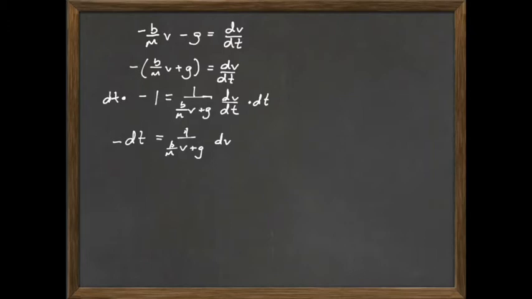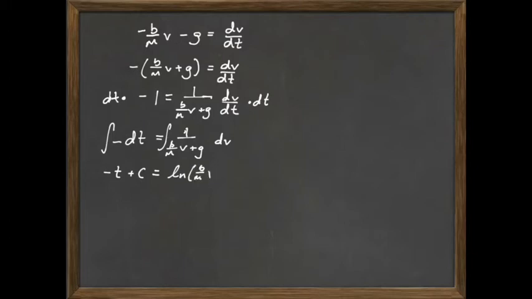So now we're going to take antiderivatives of both sides. On the left side, that should be easy. The antiderivative of negative dt is just negative t plus a constant. Now on the v side, you'll have to look back at some special function derivatives, because the only way a derivative of a variable ends up with the variable on the bottom is when you do a natural log derivative.